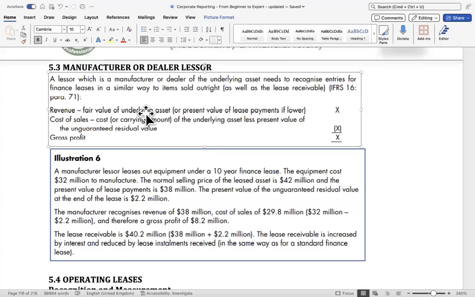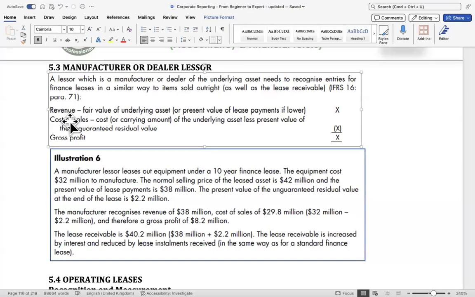So if he did not get the fair value, of course, if the fair value is not the same thing as the PV of lease payments, what you will ultimately get is the PV of the lease payments. But definitely it should never be higher than the fair value. If it's higher than fair value, you rather restrict it to fair value. Anyway, that's why it's the lower.